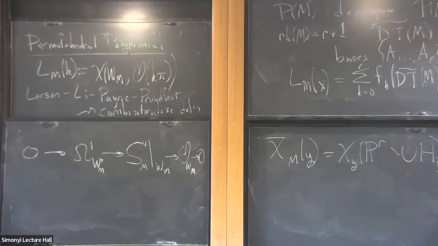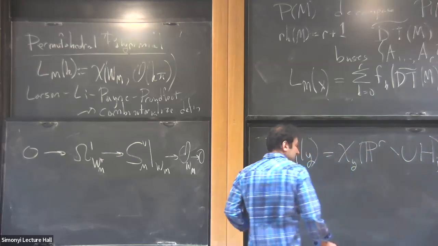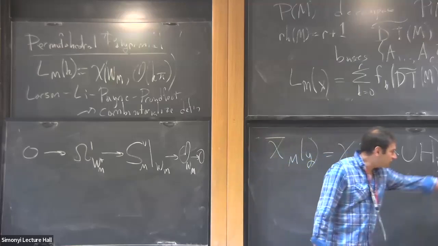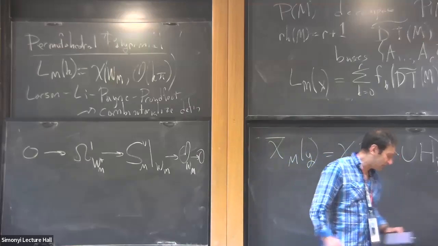So that suggests I look at the log cotangent bundle. Here, this little dagger means log. This is the Adams operation again. That corresponds to taking exterior powers of omega 1. So we're taking the terms in the de Rham complex. And now I don't want to do my Euler characteristic computation on the wonderful compactification.